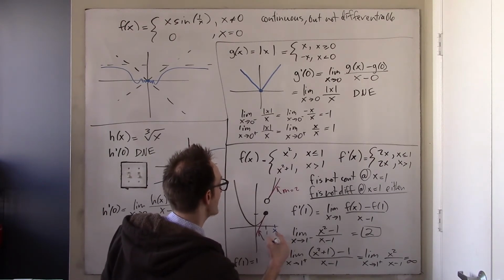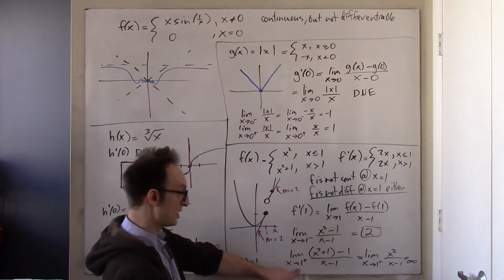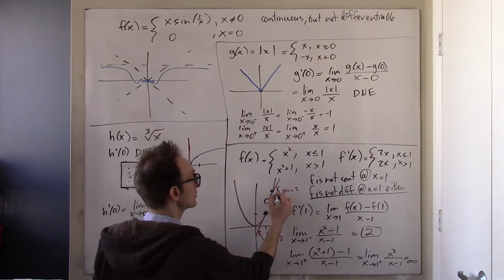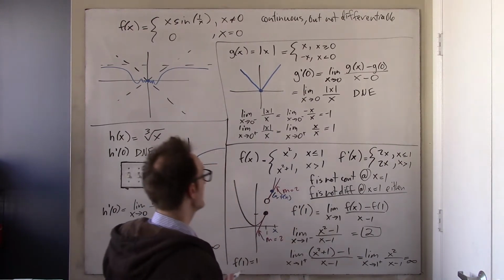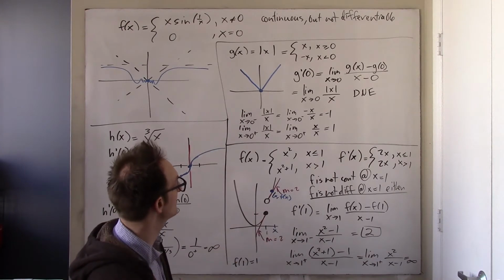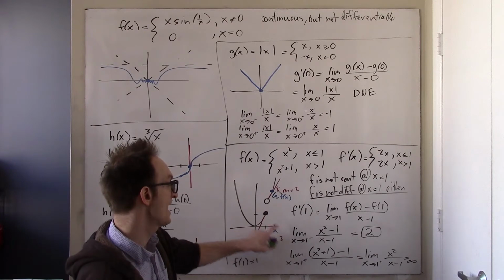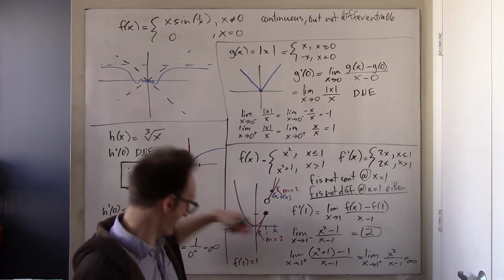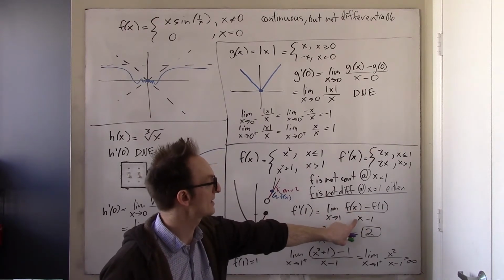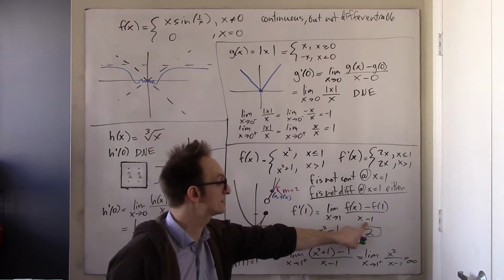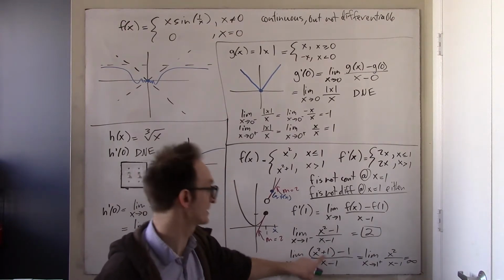If I pick a point x which is a little bit more than 1, after all, I'm taking the limit as x approaches 1 from the right, so it really should be a little bit more. And this is x comma f of x. Now, the problem is that f of 1 is actually 1. And so this numerator, f of x minus f of 1, and this denominator, x minus 1: the denominator is going to 0 here, but the numerator is not going to 0.